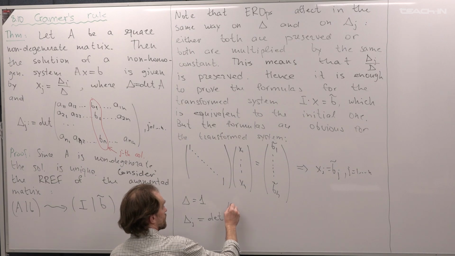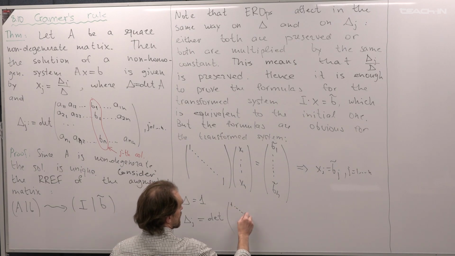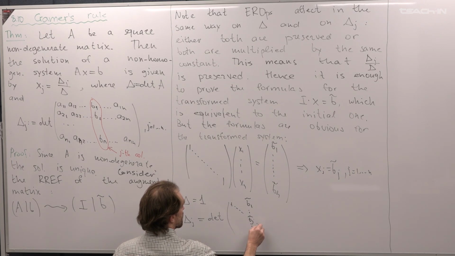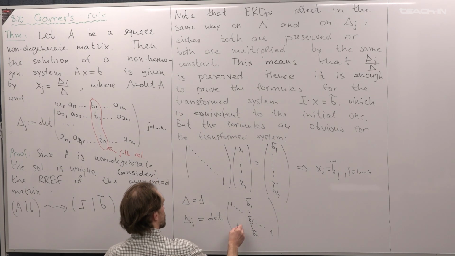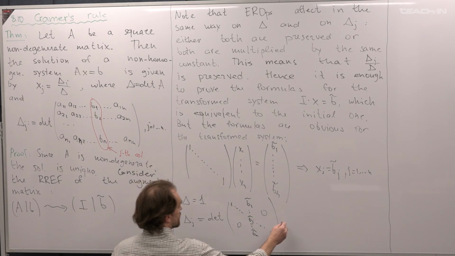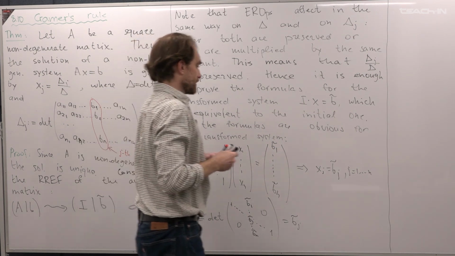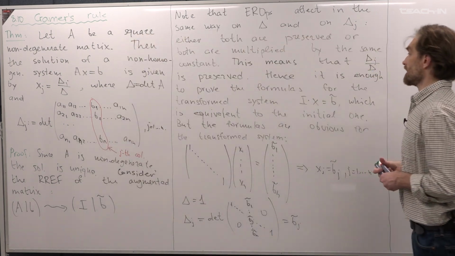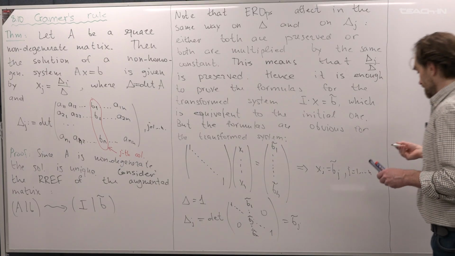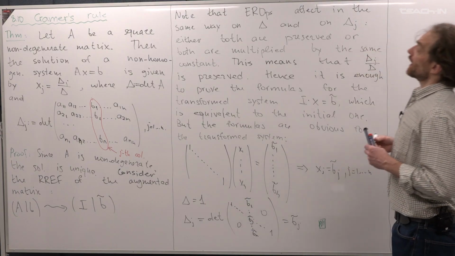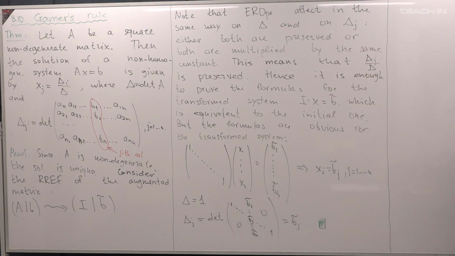So this is the determinant of the form 1, etc., b1 tilde, etc., b j tilde, b n tilde, and then 1 on the principal diagonal, and 0 everywhere else. So this is also b sub j tilde. So we see that for the transformed system this is obvious, and this proves the result that we stated.